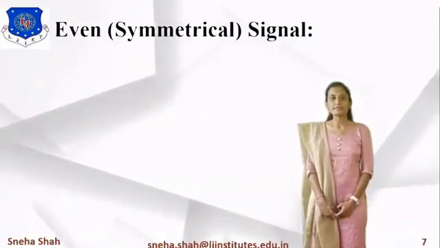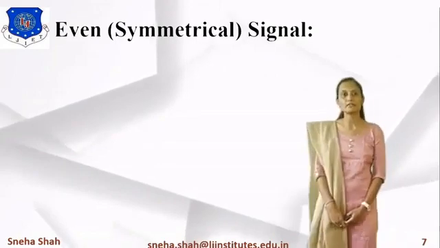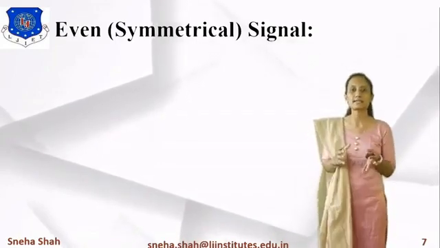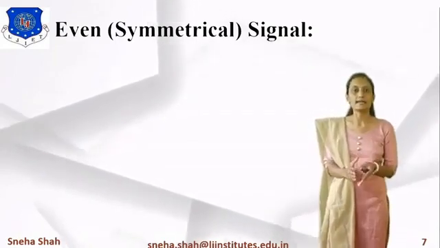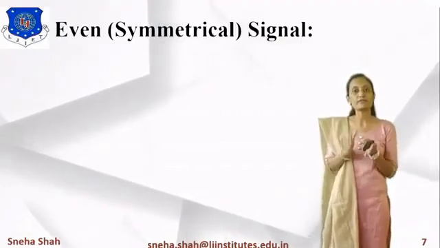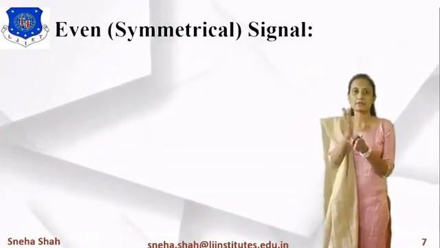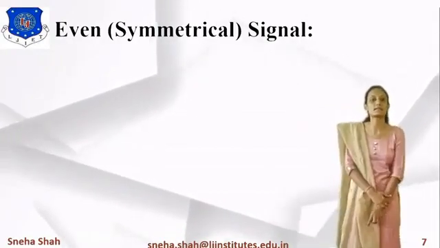Now the next type of signal is the even or symmetrical signal. What is the meaning of an even signal? An even signal is a signal which has symmetry over the y-axis. If we take the positive and the negative side of the y-axis, the signal remains the same.